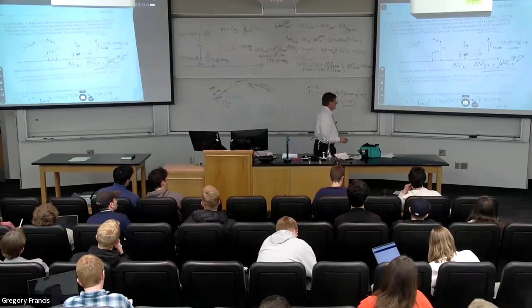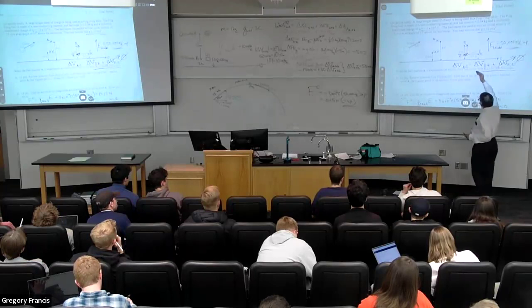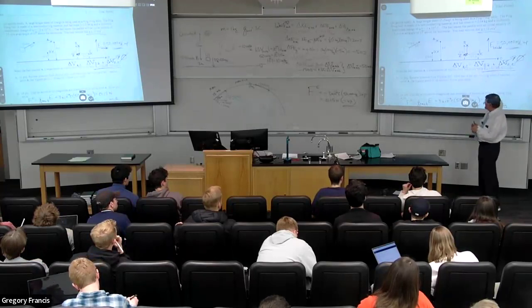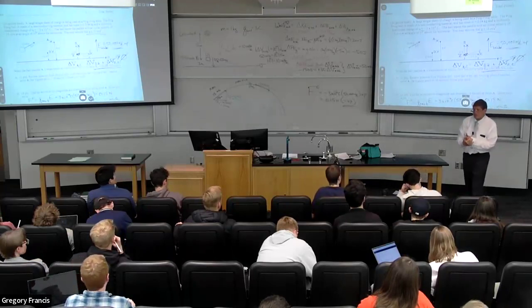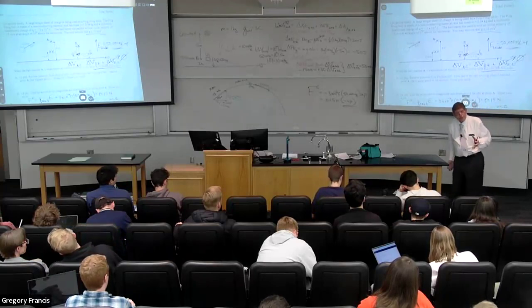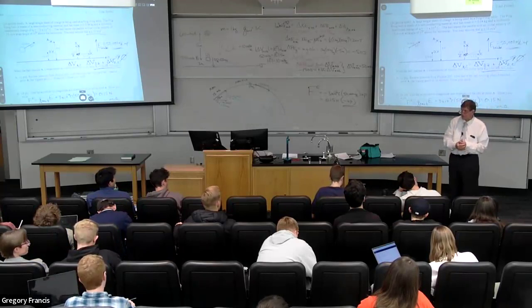So all I need to know is how much does the voltage change in going from B to Z? Well, remember, voltage is reaching into your pocket, pulling out 1 coulomb. How much work would I have to do if I pushed it from B to Z?